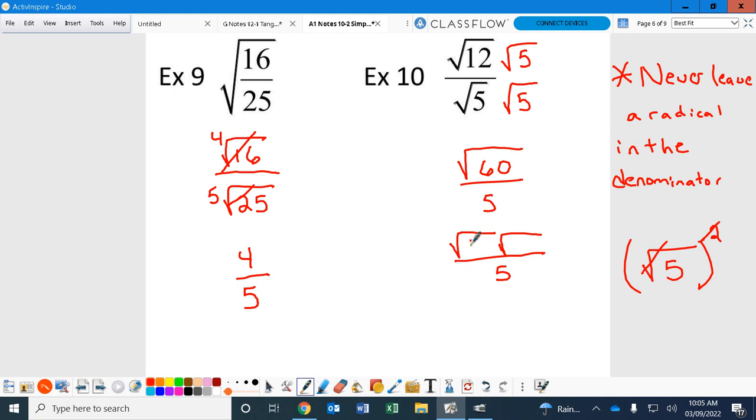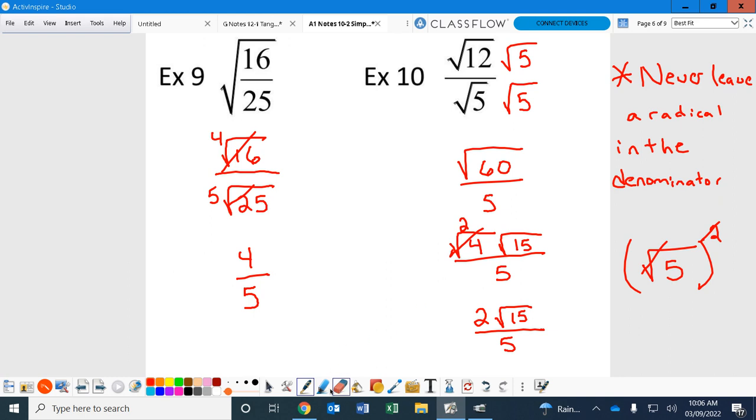How many times does 4 go into 60? 15. There we go. And what is the square root of 4? 2. So I'm going to rewrite it as 2. Nope, that doesn't look like a 2. Let's try again. It glitched on me. 2 square roots of 15 all over 5.